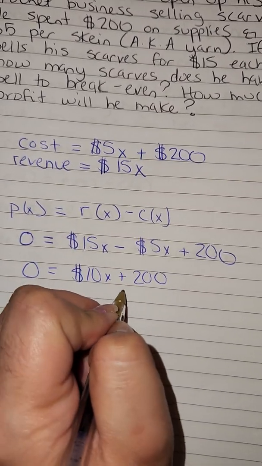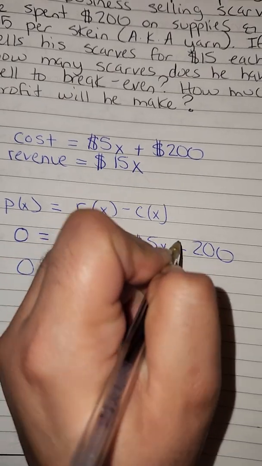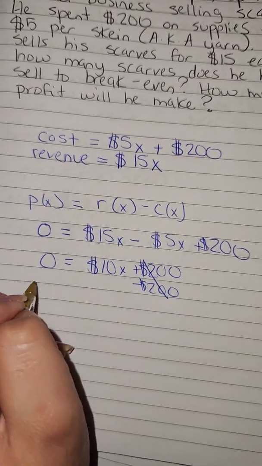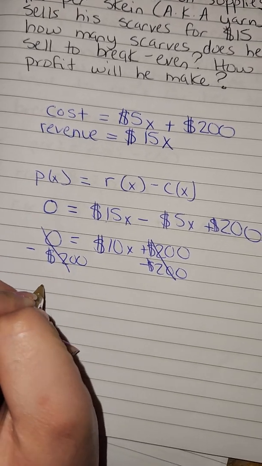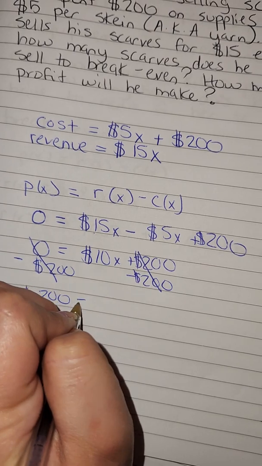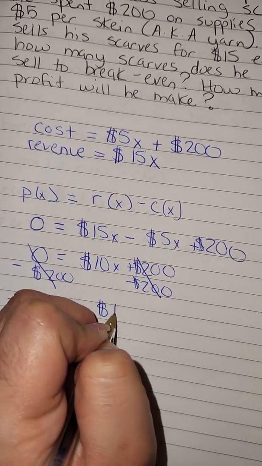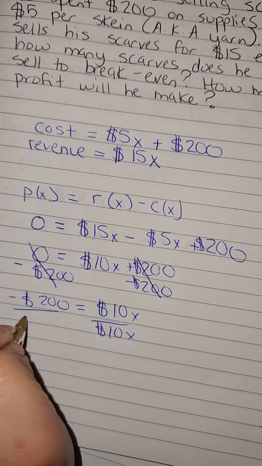And we're going to move the $200 to the left side. We get negative $200, but is equal to $10 X divided by 10X.